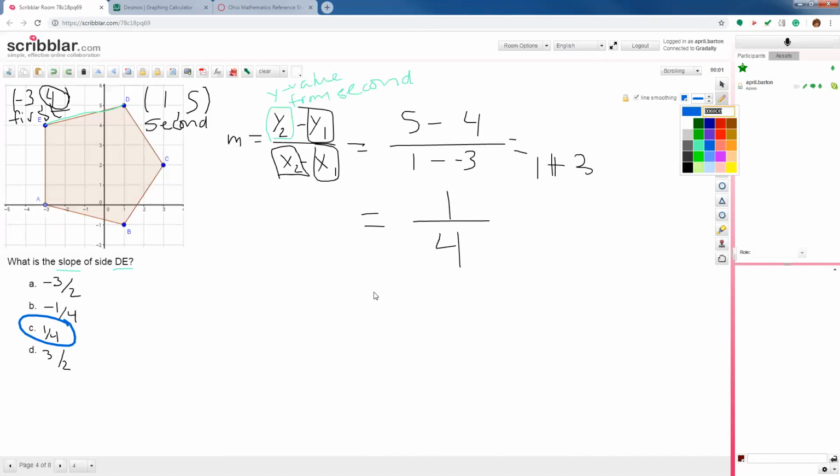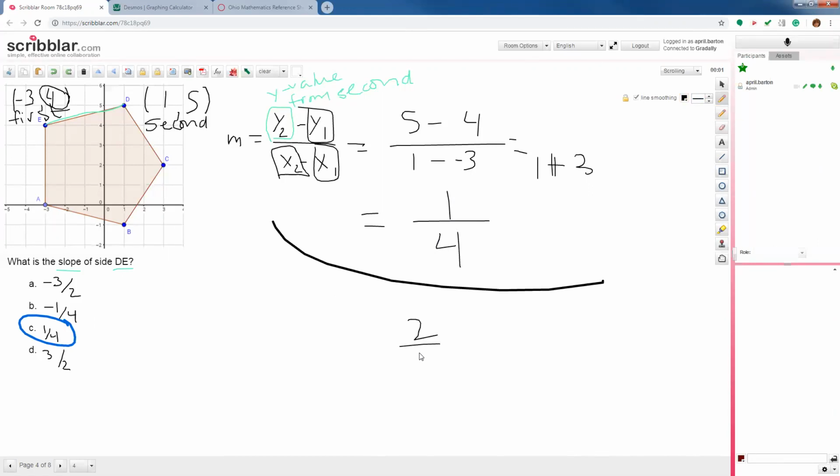Now, sometimes you might go through that whole process, you find the slope, but let's say you get 2/8, and you're like, my answer doesn't match anything right now. That doesn't necessarily mean you're wrong. You might still have done everything correctly. With fractions, you always want to check, can it reduce? That'd be 1/4 too.